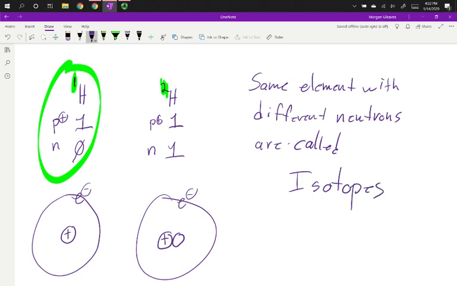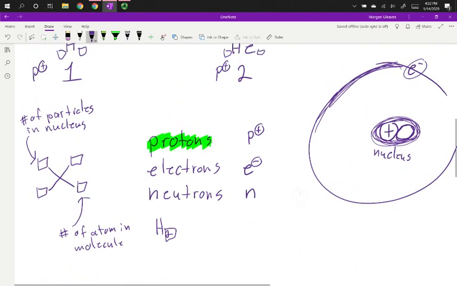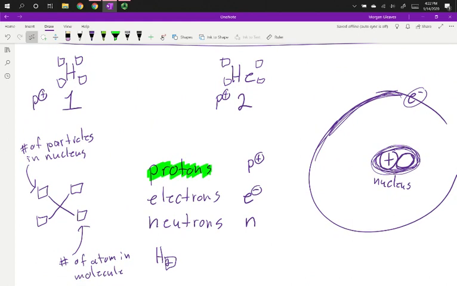So these are both isotopes of hydrogen. Because they each have only 1 proton, they are hydrogen atoms, but they are different isotopes of hydrogen, one having more neutrons, one having less. So that upper left symbol is really useful for figuring out what's going on in terms of the neutrons on your atom.